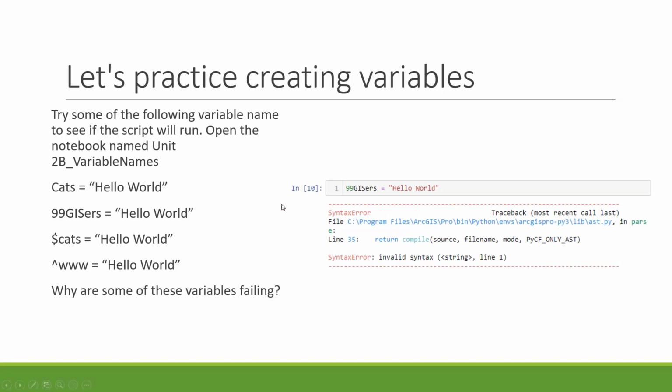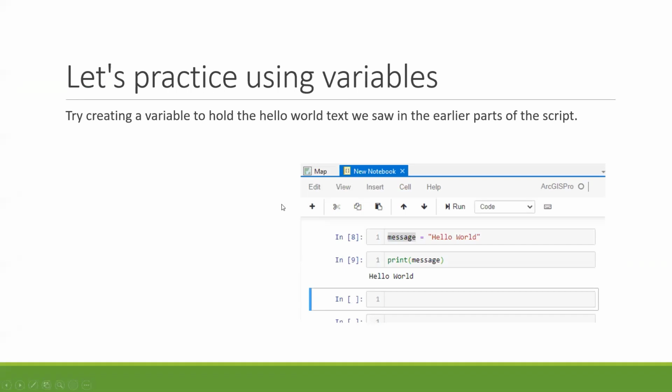Okay. Why don't we go ahead and work in a new notebook, and I would like you to try and recreate this text here. I want you to save hello world to a variable, and then try and print that variable. Because the variable is a pointer back to the value that you've stored in it.